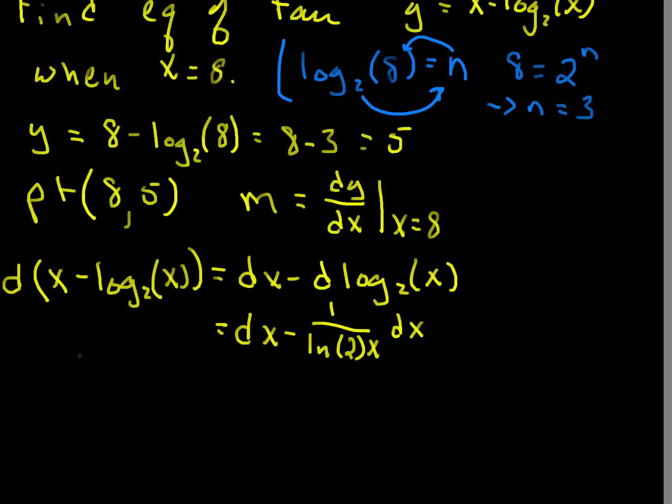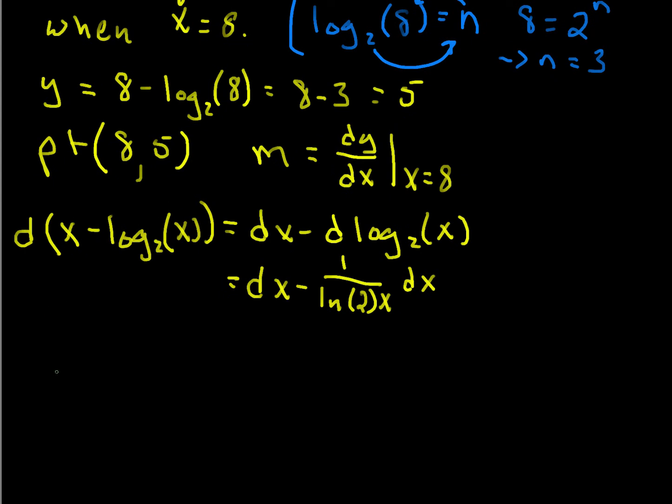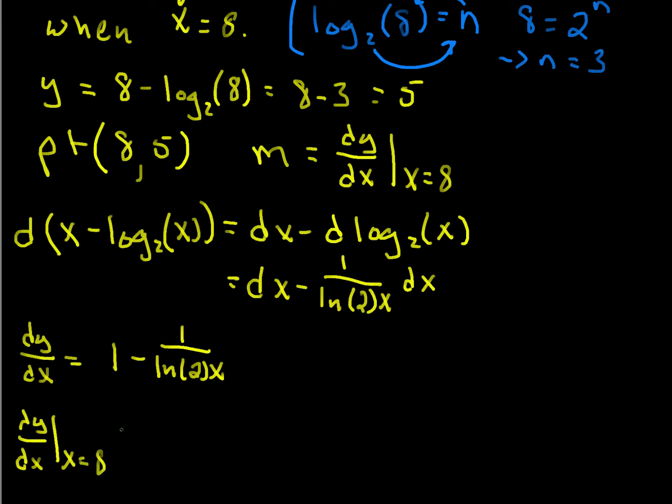So dy dx is just 1 minus 1 over ln of 2 times x. And we want to know what it is when x is 8. So dy dx when x equals 8 is 1 minus 1 over natural log of 2 times 8.